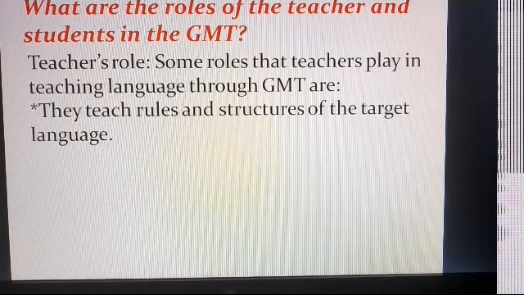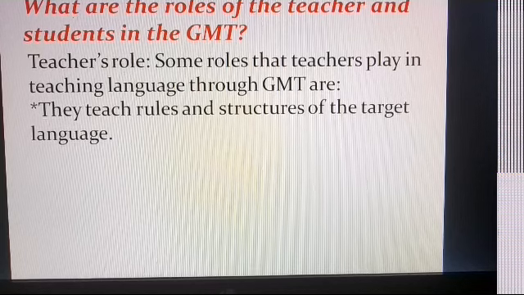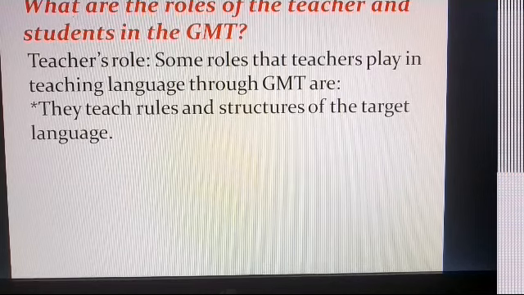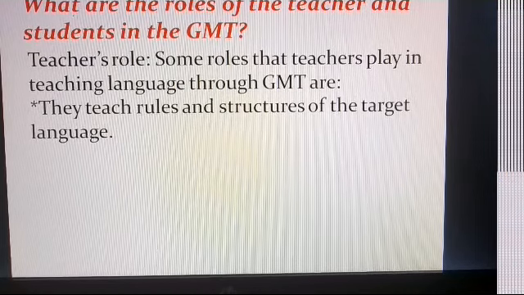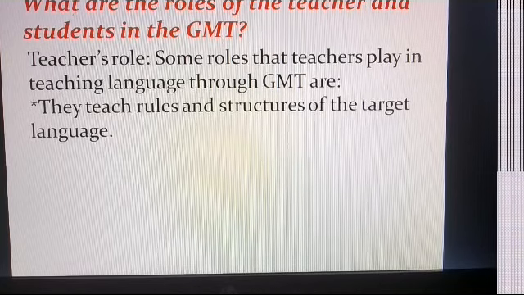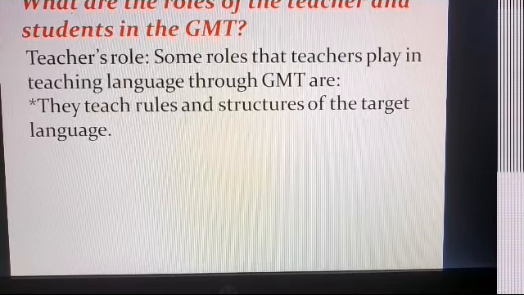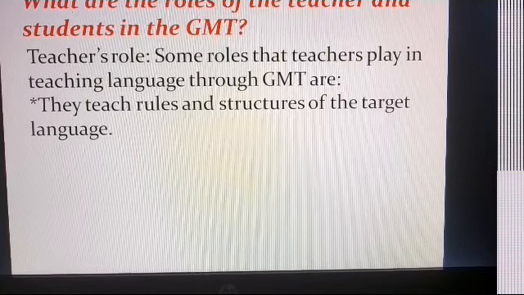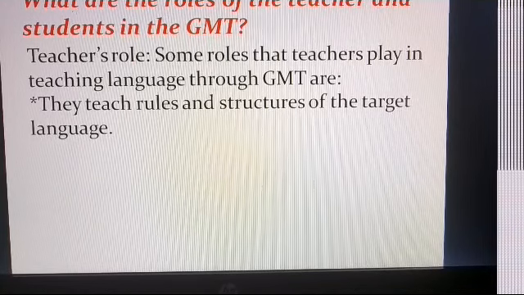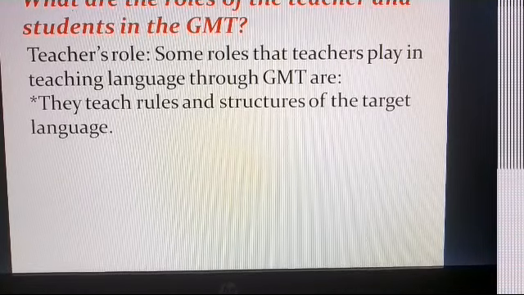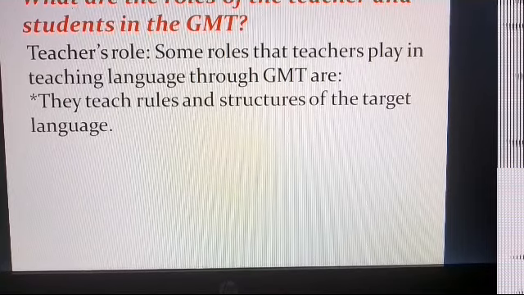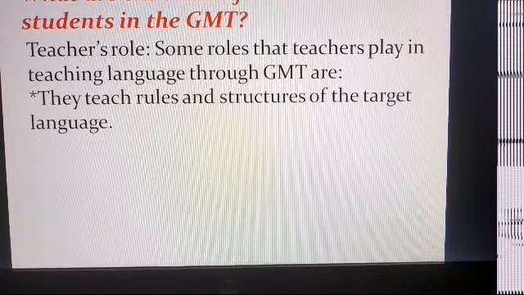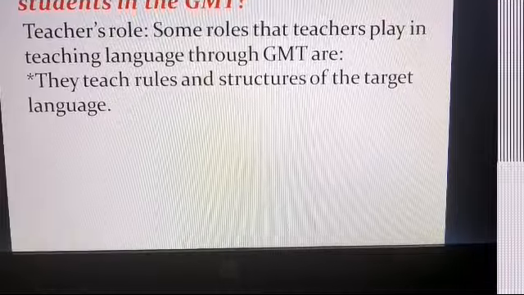That means if anyone wants to learn English, he must know the rules of the English language. He has to know the structure of the language, or any other language he wants to learn. He has to learn the structure and grammatical rules of that language.